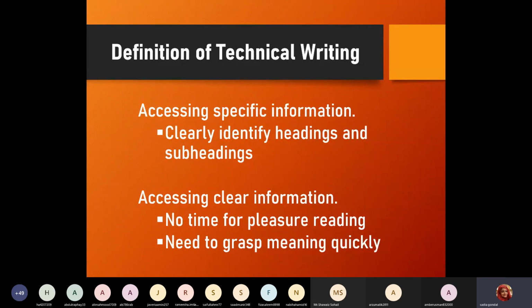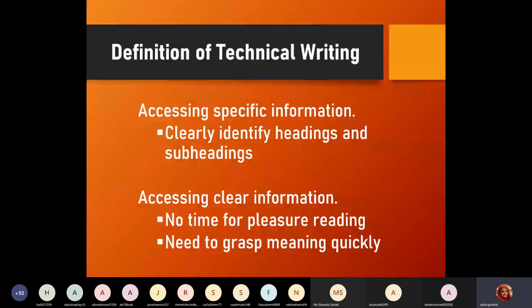Whenever you're presenting specific information, make sure you are incorporating a lot of headings and subheadings so that the reader does not have to go through passages after passages. He just moves to a specific paragraph with a particular heading and takes out his required information from that.